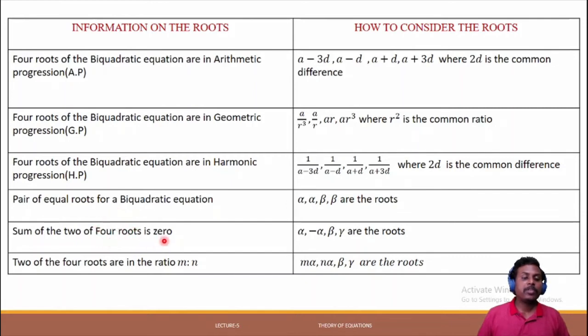Sum of two of the four roots is 0, then alpha, minus alpha, comma beta and gamma are the roots of the equation. Next one, two of the four roots are in the ratio m is to n, then we consider the roots as m alpha comma n alpha comma beta comma gamma. These are the roots. If this information is given on a cubic or biquadratic equation, then if we follow this, our job becomes easy to find out the roots.